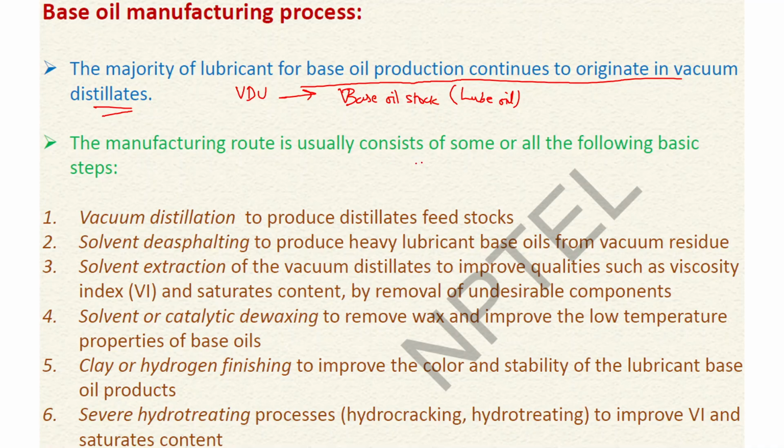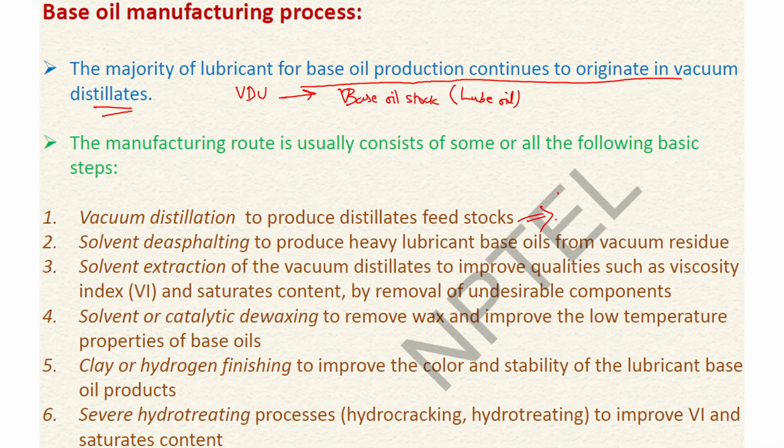So the manufacturing route consists of some basic steps. First, vacuum distillation to produce distillate feedstocks from the side cuts. Then solvent deasphalting to produce heavy lubricant base oils from these distillate feedstocks, that is vacuum gas oil, heavy vacuum gas oil, and light vacuum gas oils, which are removed from the vacuum distillation.